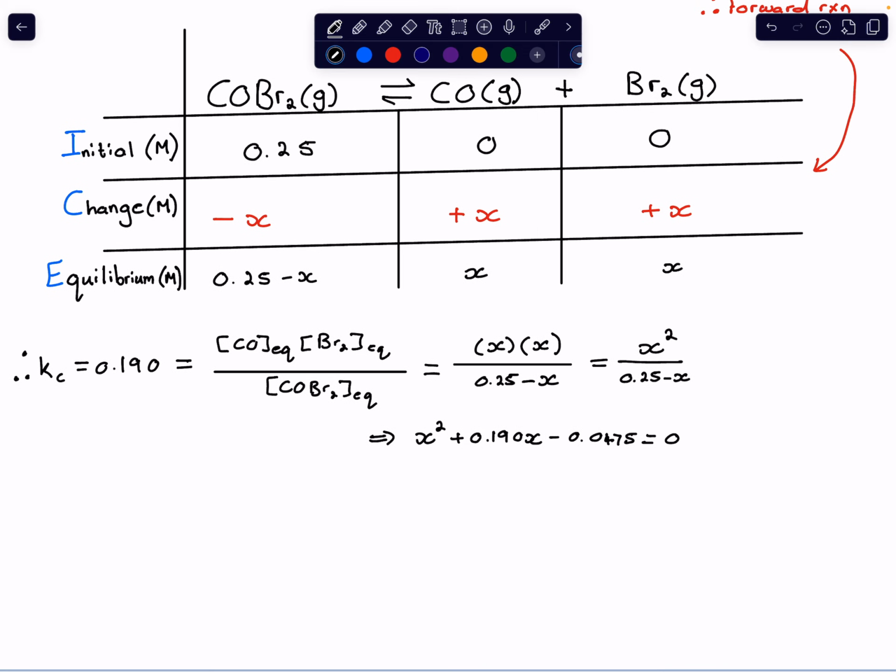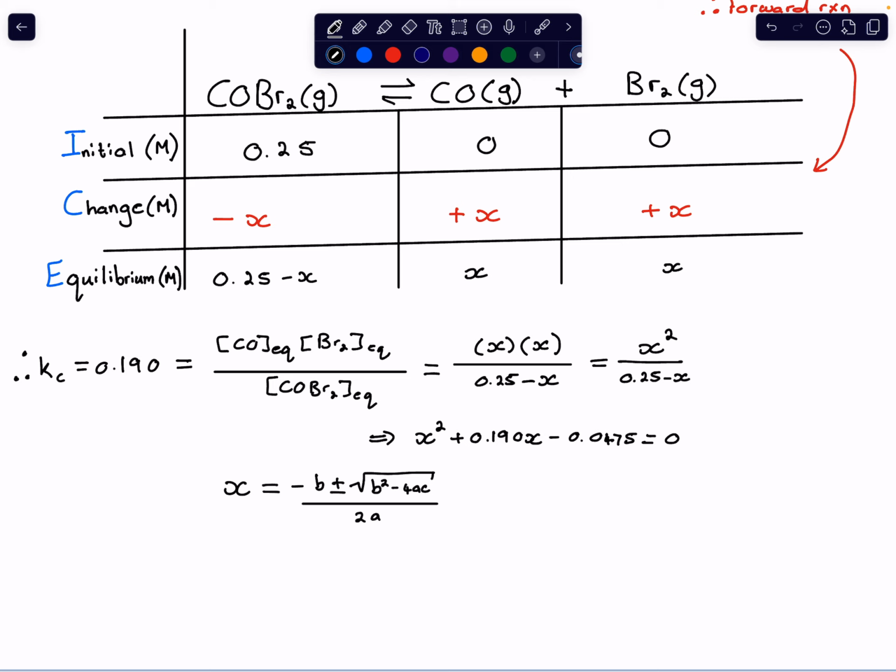We can then use the quadratic solutions for X, so minus B plus minus square root B squared minus 4AC over 2A to get the roots here of X.